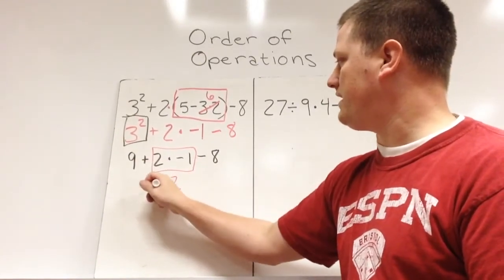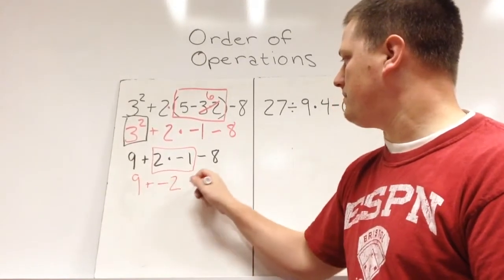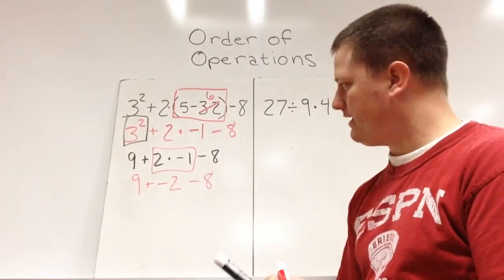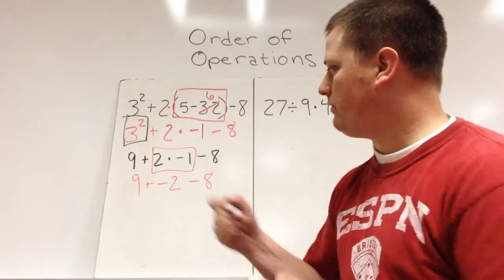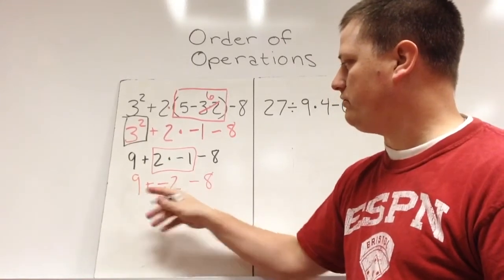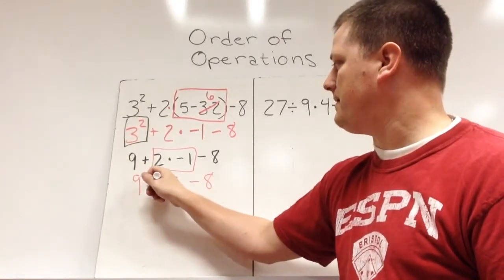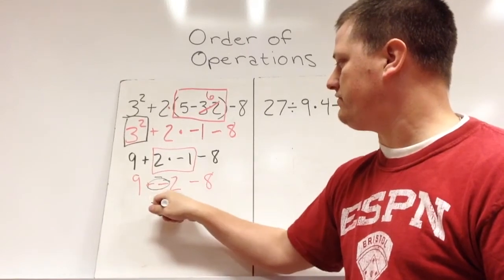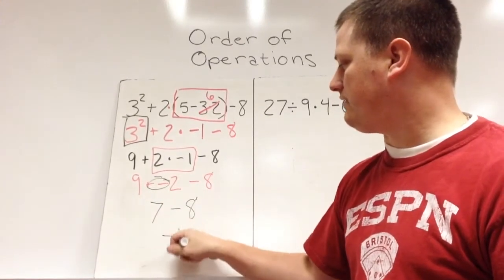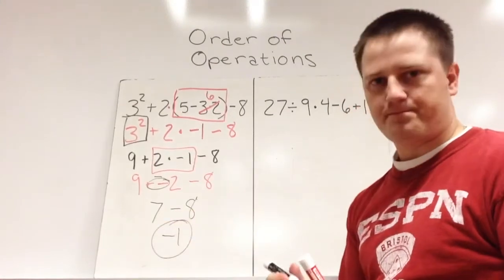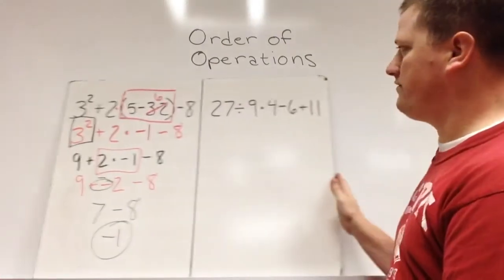Bring down my plus sign, bring down my 9, bring down my -8. Now I want to do adding and subtracting. So we have 9 plus -2, which is really just 9 minus 2, which is 7, minus 8 is -1.